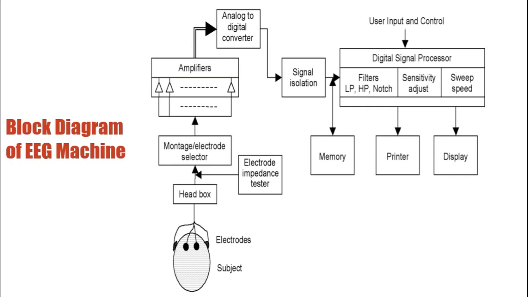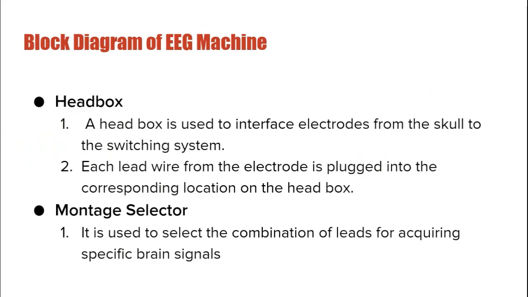Firstly, in this EEG system, electrodes are placed on the head. Those electrodes connect to a headbox. The headbox is an interface between the electrodes and the switching system. Each lead wire from the electrode is plugged into the corresponding location on the headbox. So this is the headbox.